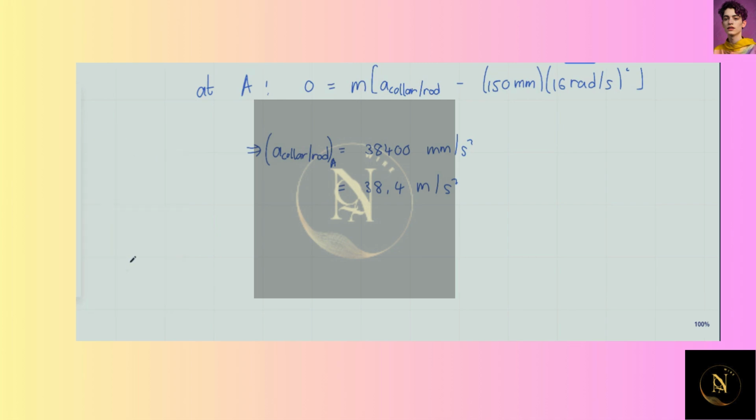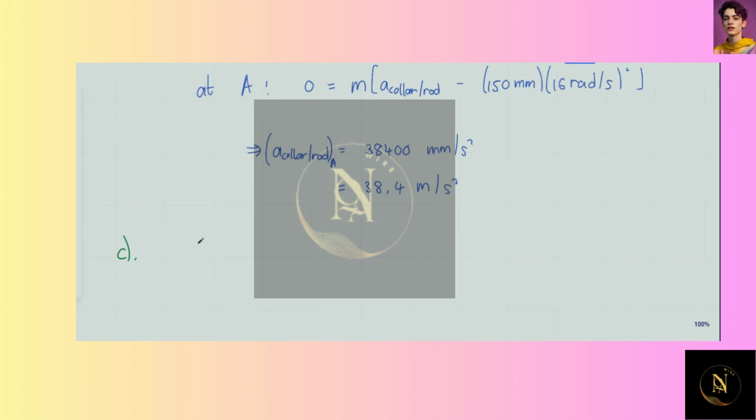So finally, we need to solve for part C, and we want to find the transverse component, or the theta component, of the velocity of the collar at point B. So after the cord is cut, the only horizontal force acting on the collar is due to the spring, and thus angular momentum about the shaft is conserved.